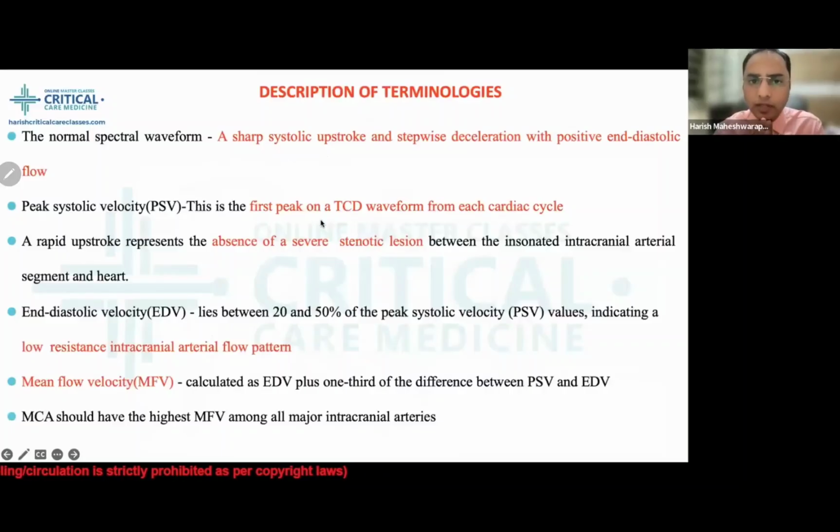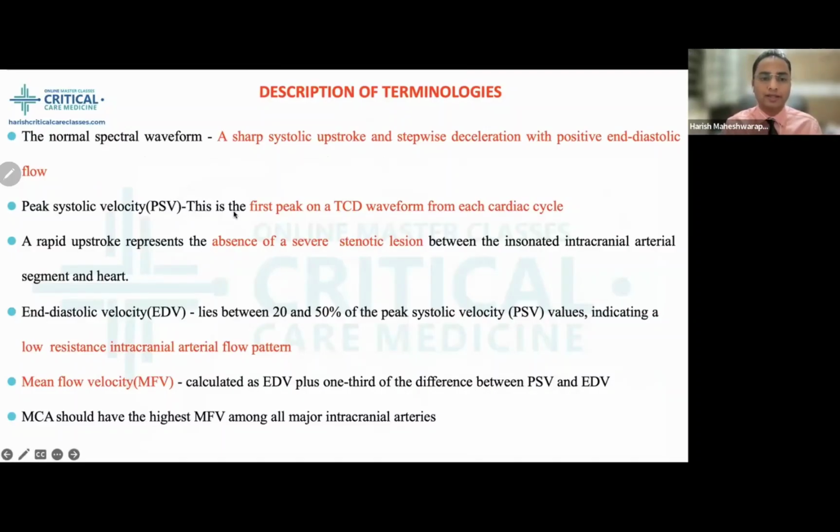So we need to understand the description of some of the terminologies. The normal spectrum of the waveform is a sharp systolic upstroke and stepwise deceleration with a positive end diastolic flow. Remember, end diastolic flow is always positive. If it gets reversed, then it gives some clue about cerebral circulatory arrest.